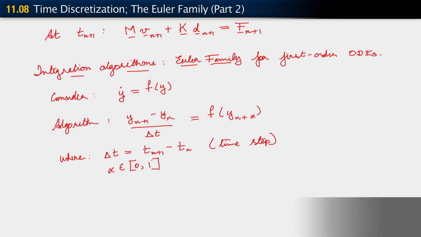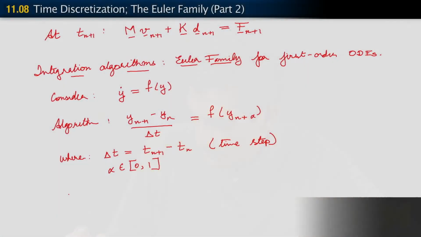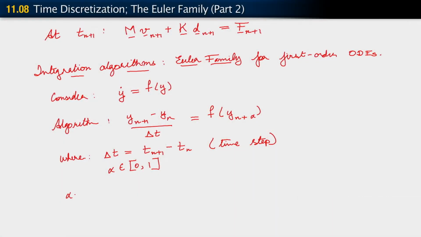Since we're talking about the Euler family for the very first time, let me introduce you to the members of the Euler family. For alpha equals 0, this is called the forward Euler method.